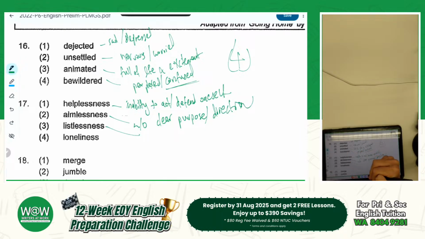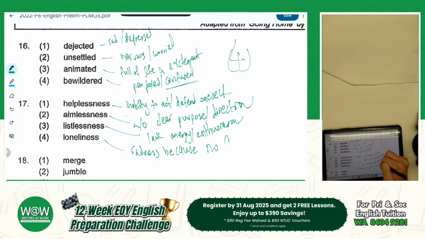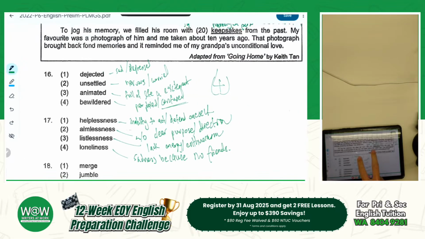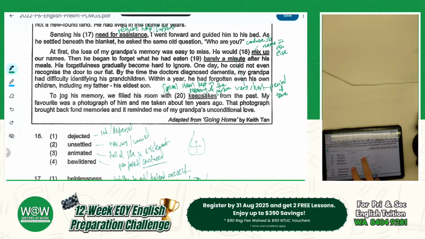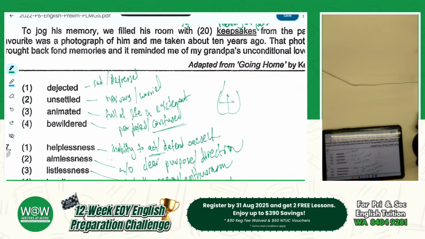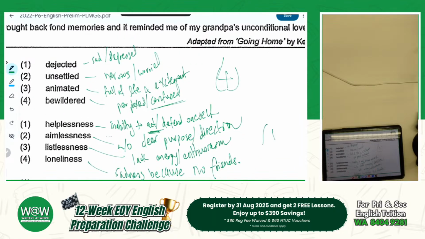Then we have listlessness, which means that someone lacks energy or enthusiasm. While loneliness here means that you have sadness because you have no friends. Okay. So in this case here, when we look at how grandpa needs assistance, it basically means that he's unable to help or act or do something alone. So the closest answer is number 1.